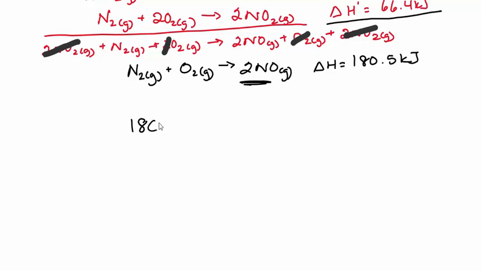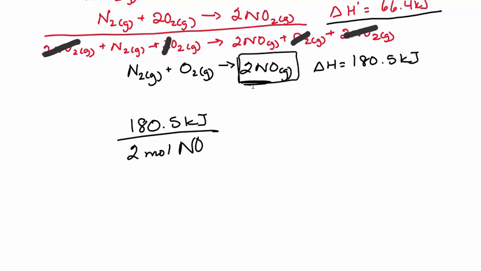So because this is 180.5 kilojoules for 2 moles of NO, and I know it's 2 moles because of the coefficient in front of the compound in my balanced equation, then I can find that the enthalpy of formation of 1 mole of this compound is 90.25 kilojoules per mole of NO.